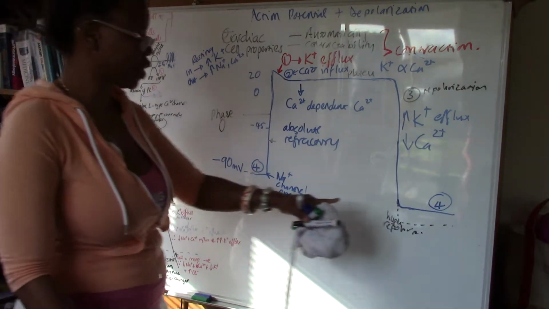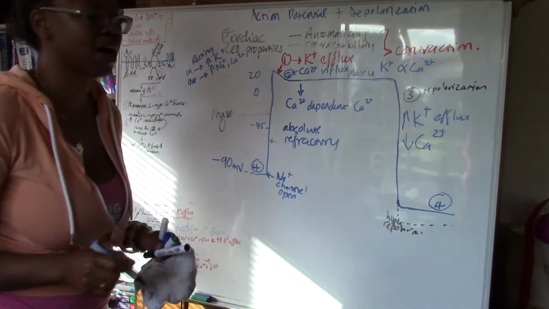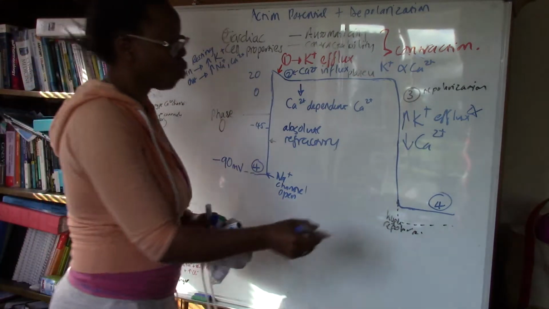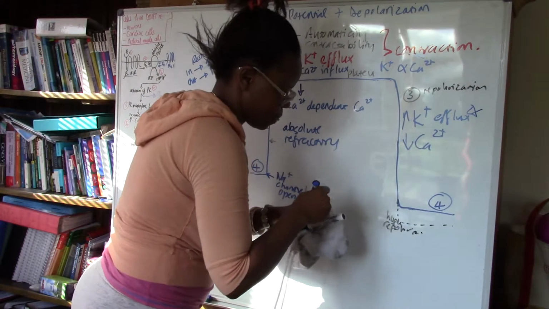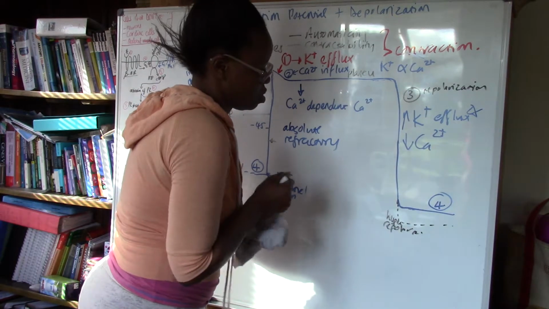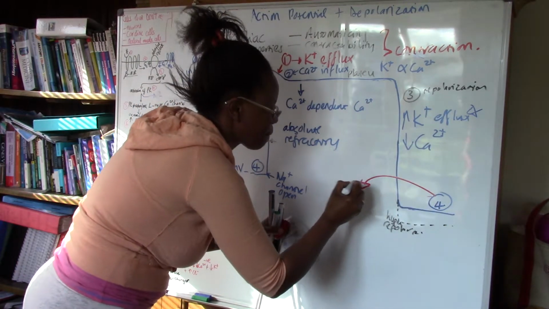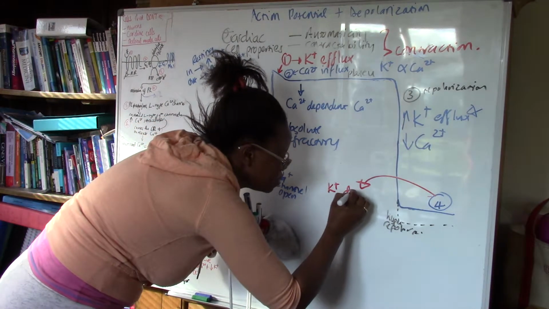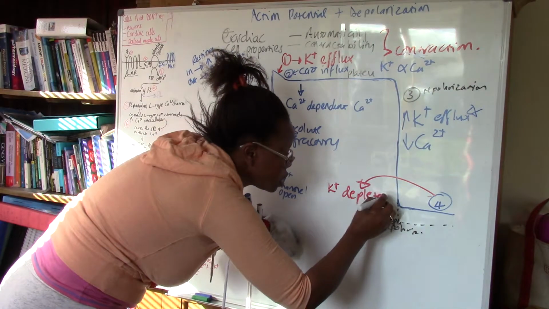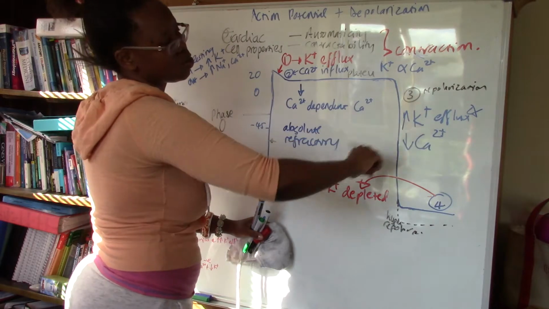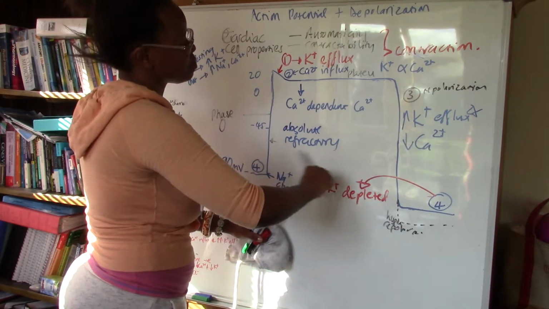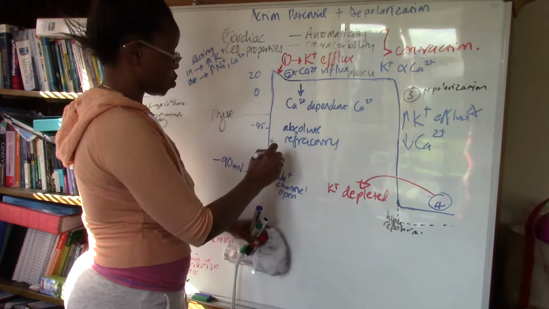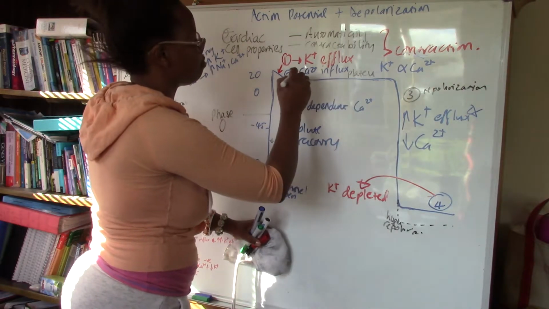However, when we reach phase 4, we must remember that we have lost a lot of potassium. So in phase 4, the cell is potassium depleted because the cell has been trying to correct the positivity that has been caused by sodium influx and calcium influx.